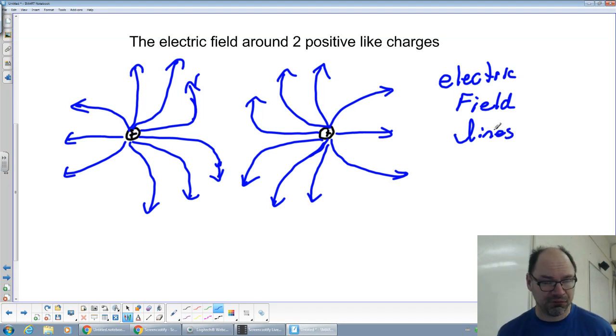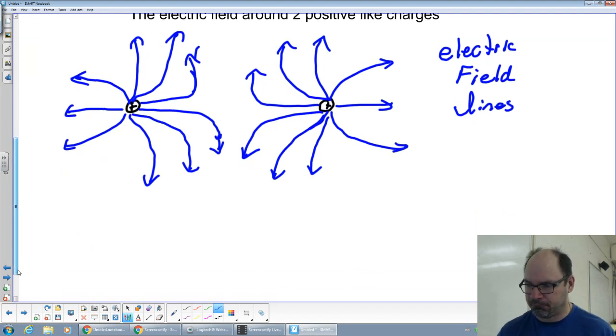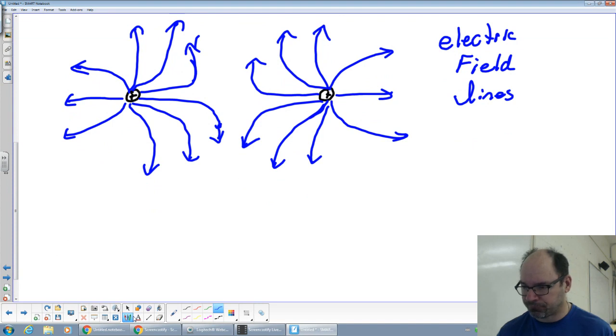Okay, and the more electric field lines there are, the stronger the force that's created, per area, of course.